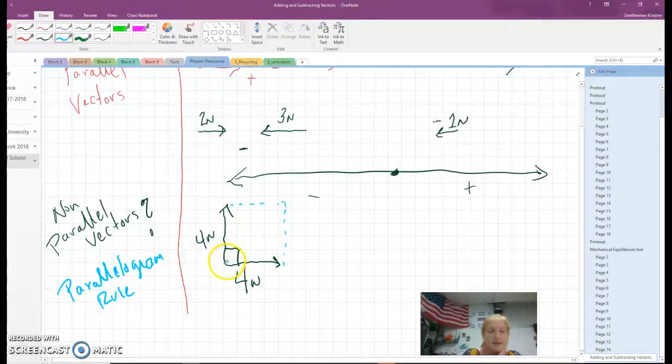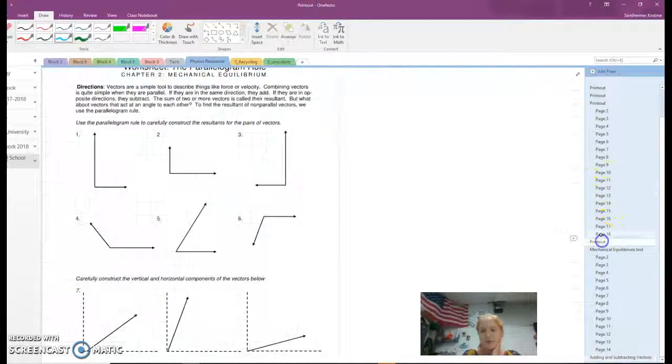This indicates, so the resultant should go from corner to corner. It's as simple as that. When you have two people pulling, so if they're pulling at equal forces at a right angle to each other, then your resultant, the movement of the object, if this is a desk or a rolling cart, whatever, it will go this direction.